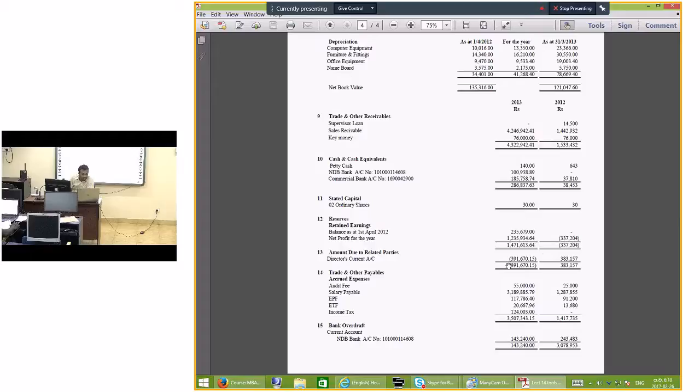EPF expense is 1 million to 1.2 million, but the total salary and allowance is a very small amount. So that means they have sometimes understated expenses. EPF and ETF are not reconciled with salaries.